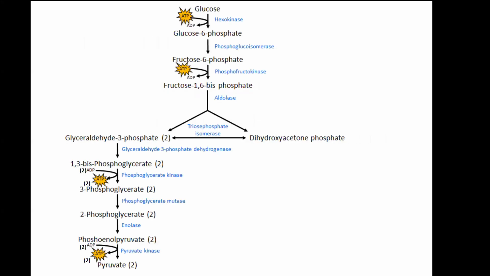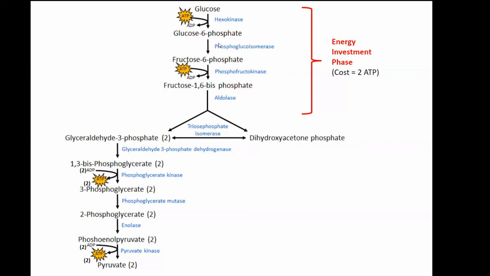If we wanted to look at all the steps of glycolysis, it would look like this. You don't need to memorize all these enzymes and intermediate steps. But we do want to think about this as having two conceptual parts. We have an energy investment phase at the beginning of glycolysis, where we actually have to put in 2 ATP molecules.